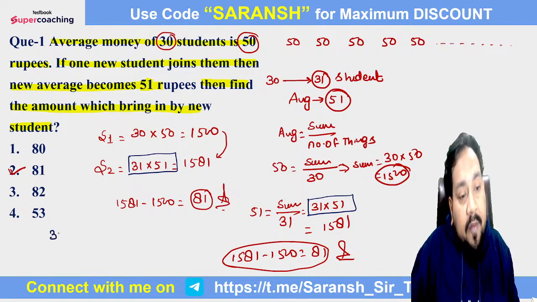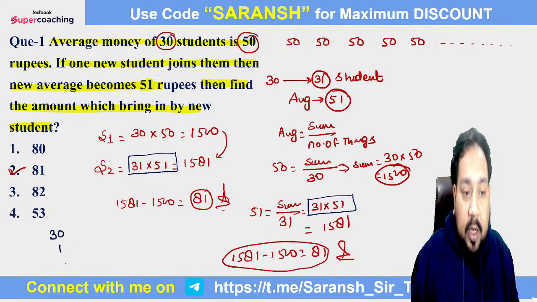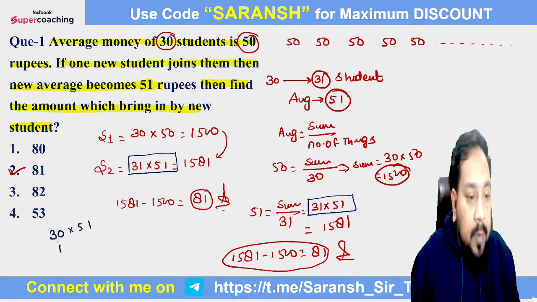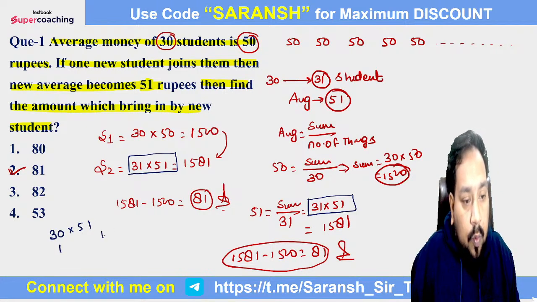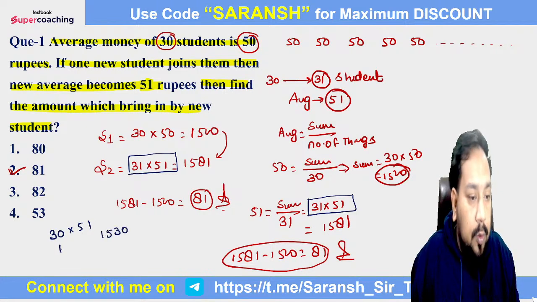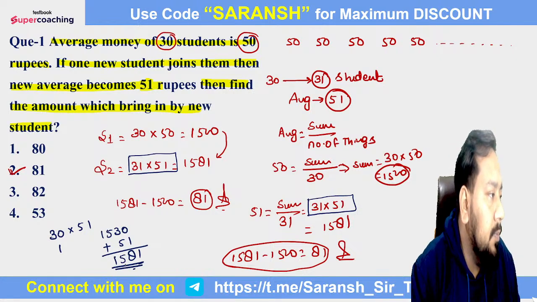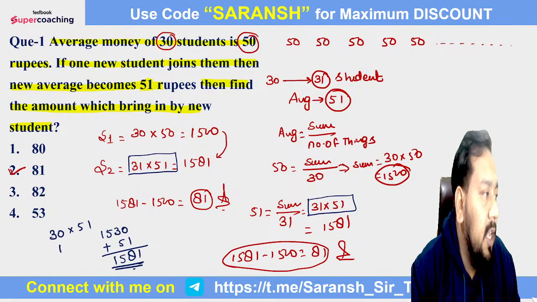How? Sir, I will break 31 into 30 and 1. 30 times 5 is 150, and 1 times 5 is 5, and I will add these to get 155. It is also taking time.